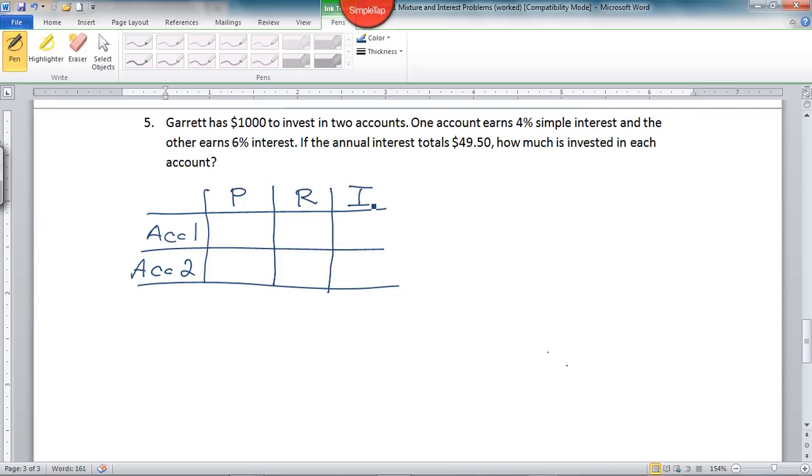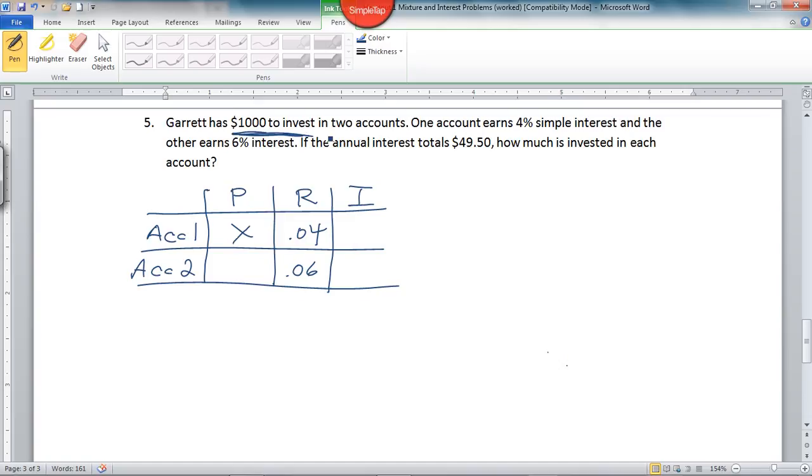PRI table. Well, as we've started out before, principal is unknown for account 1. Let's call it x. And its rate is 4%. That's 0.04. The other one is 6%, so the rate is 0.06, 2 places back. Now, how much do I have in account 2? I don't know, but I do know $1,000 is in both accounts.